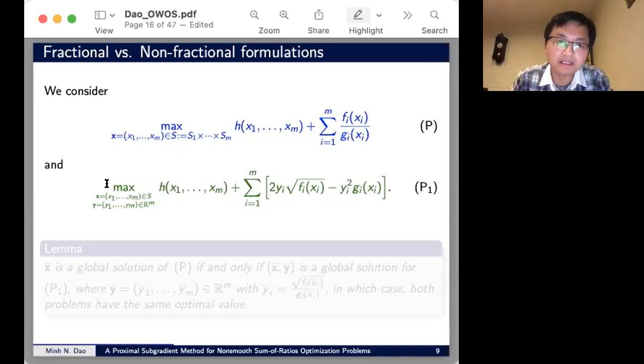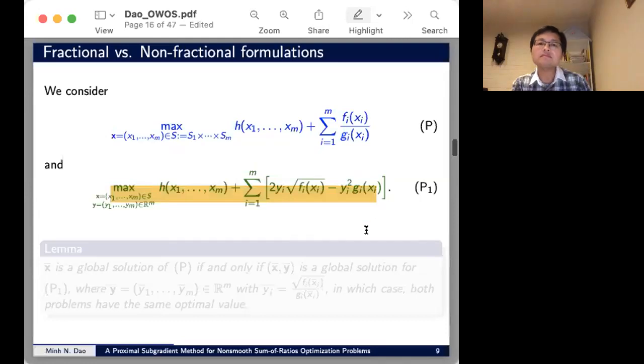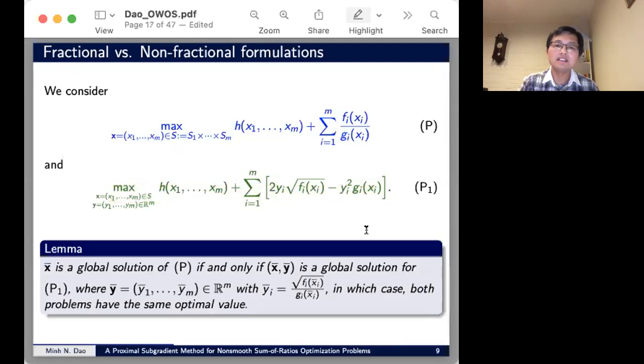So we have a non-fractional formulation, problem P1 here. P and P1 are equivalent in some sense, and we have this lemma.